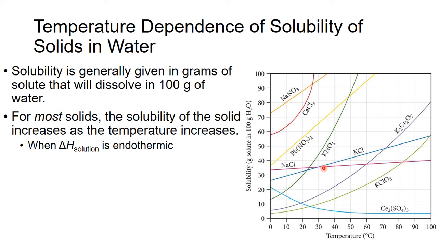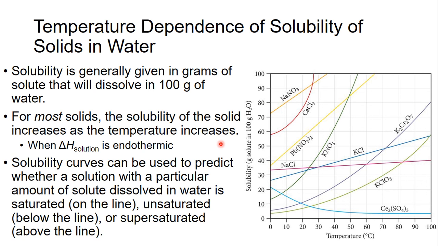But for the majority of salts, you can dissolve more stuff at higher temperatures, and that's when delta H solution is endothermic. What we're looking at here are solubility curves. Let's see how you read these curves by focusing on NaCl at 20 degrees.